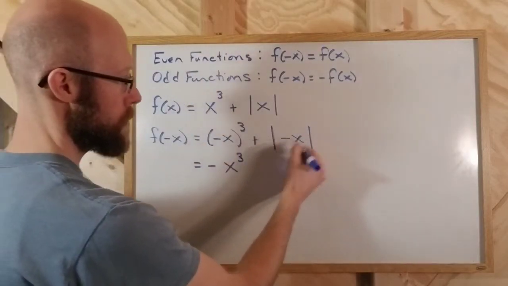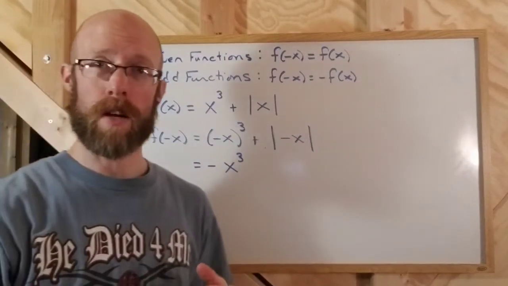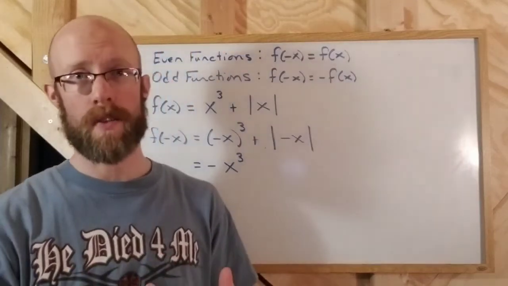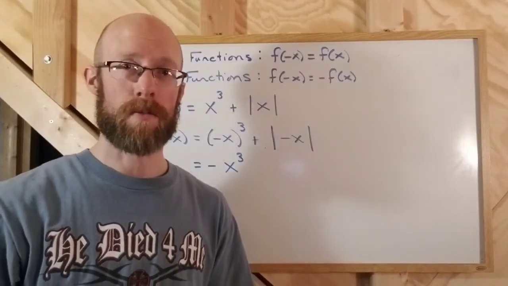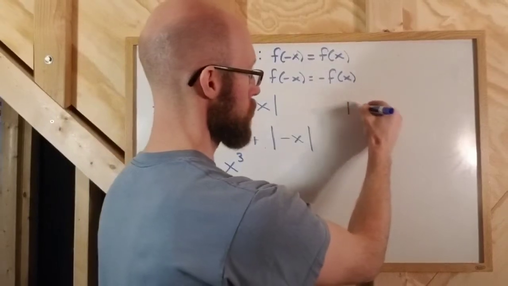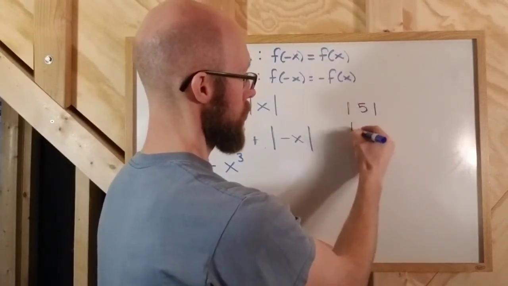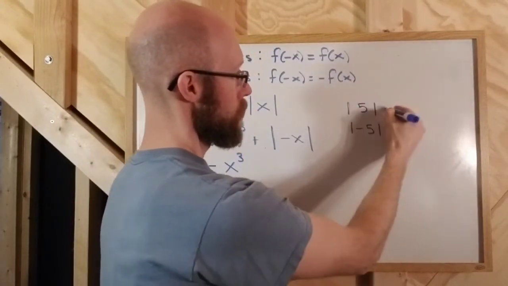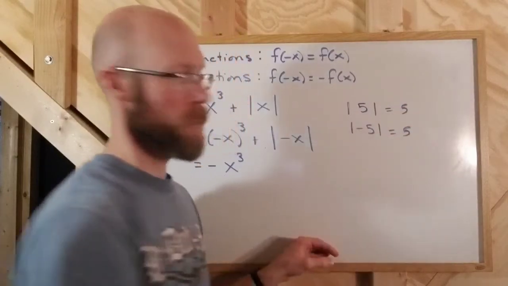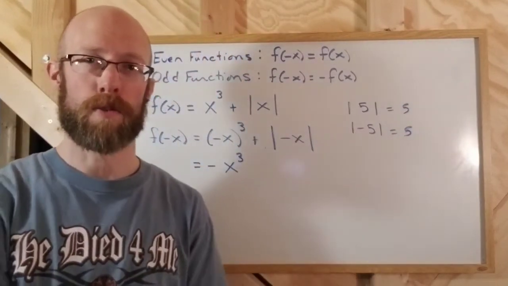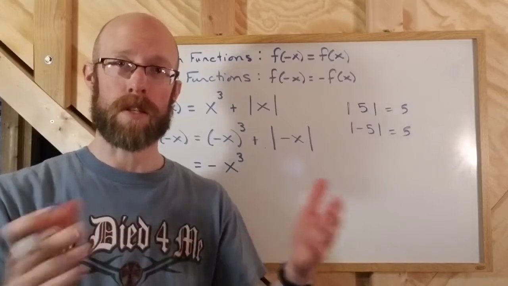Here, with an absolute value, you know that the absolute value of a negative x and the absolute value of a positive x are the same, right? Because when you take the absolute value of any number, let's say 5, or the absolute value of its opposite, you always get the same thing, right? It doesn't matter which one you plug in, because they're both the same distance from 0.